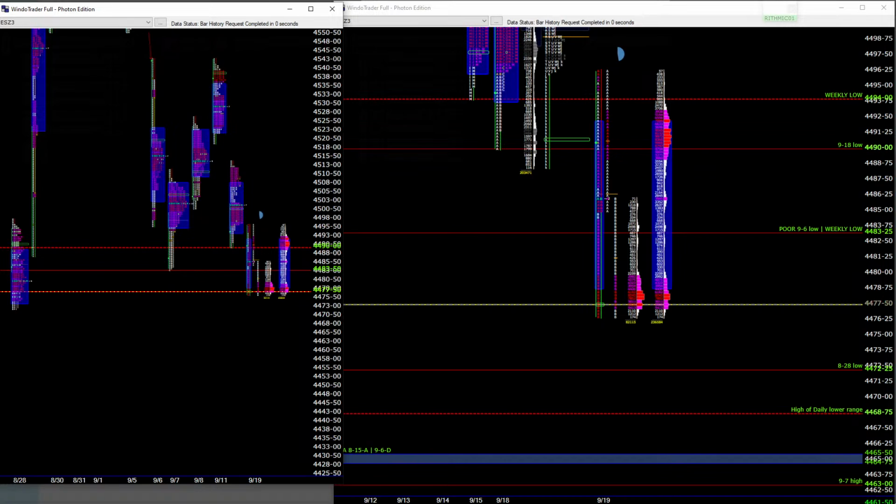Oh, by the way, the next weekly low is 44.76.50. Is this the level?